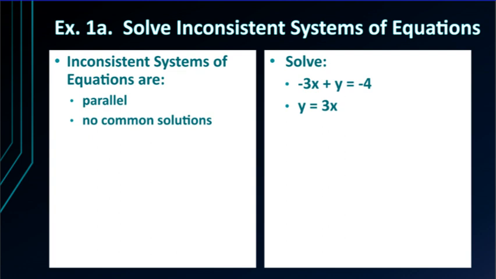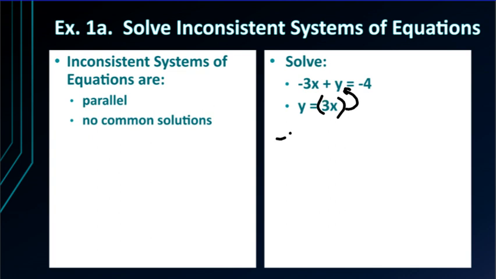Inconsistent, remember, means they're parallel and they have no common solutions. So how do you know if they're going to be inconsistent? Here on the right-hand side, I have two equations: negative 3x plus y equals negative 4 and y equals 3x. We can use the substitution method. Since y is already by itself, I can substitute 3x for y in the other equation.